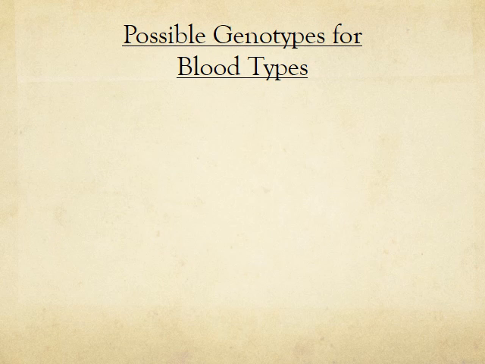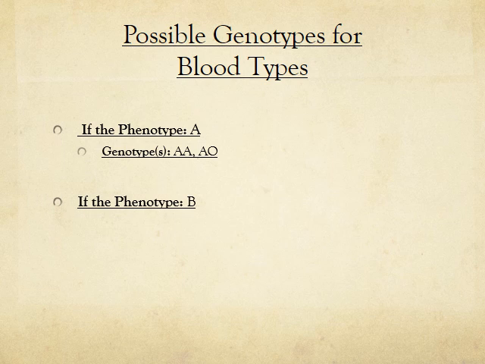So the possible genotypes for our blood types. If you have the A blood type, there's two potential options. Your genotype could be AA or AO. If you have the B type blood, or B phenotype, the genotypes that you could have are either BB or BO.